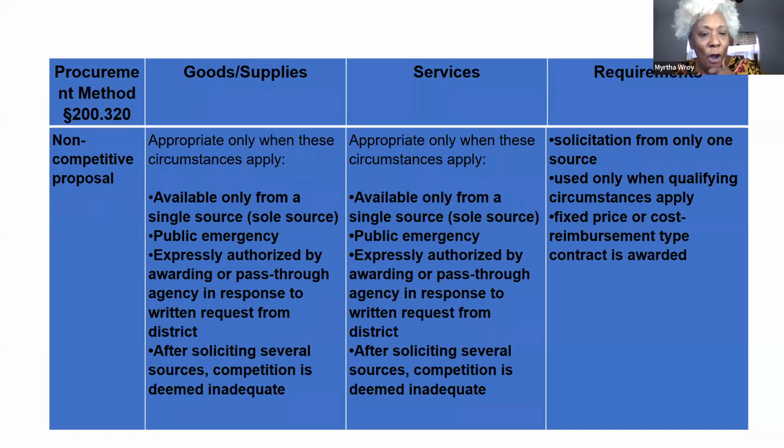Or if after they solicit from many different places, and usually what they do at this last one, I don't know if many of you have received something called sources sought, from the government. Usually when this comes to you is because the government is trying to find, are there any sources out there that can fulfill this requirement?